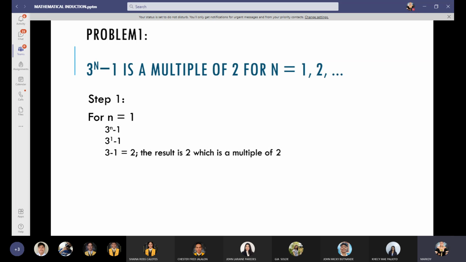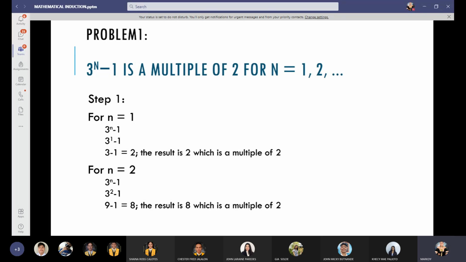If we replace n with 1, that will give us the result of 2. Why? Because 3 to the power of 1 is 3, then minus 1, the result is 2. Then 2 is a multiple of 2.